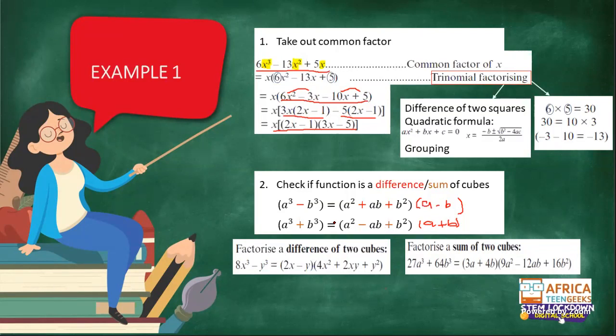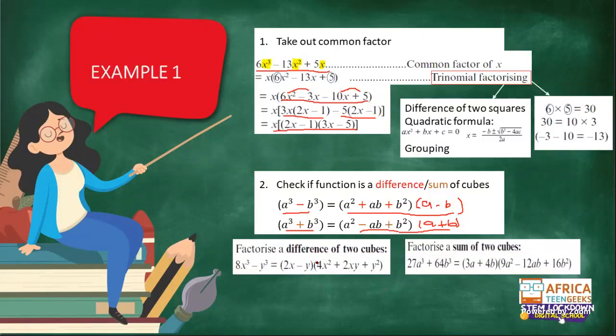If you were to factorize a difference between two cubes, this is what you would use. And if you were to factorize a sum of cubes, this is what you would use, making sure that all your signs are correct.